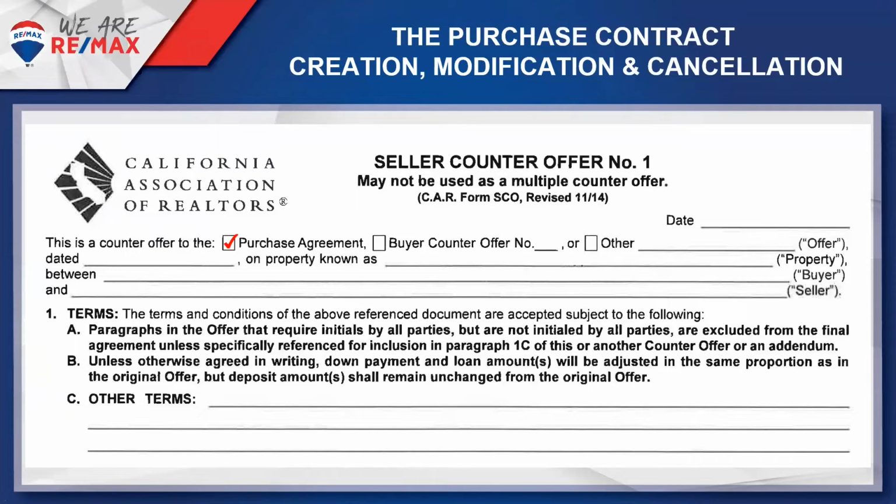The accepted way to do it, the way I recommend, I think the way we'd like agents to do it, is you sequentially number all of your seller counteroffers and you sequentially number all your buyer counteroffers. So you'd have seller counteroffer number one. If the buyer countered the seller's counteroffer, it would be buyer counteroffer number one.